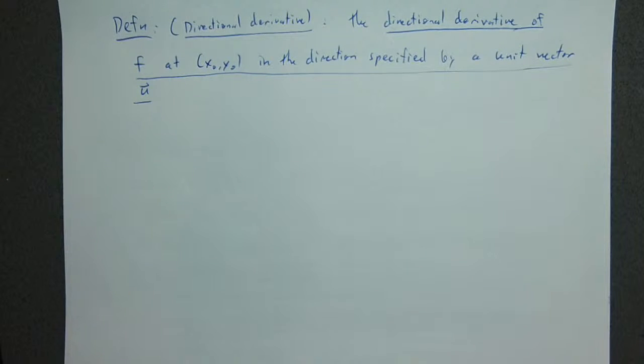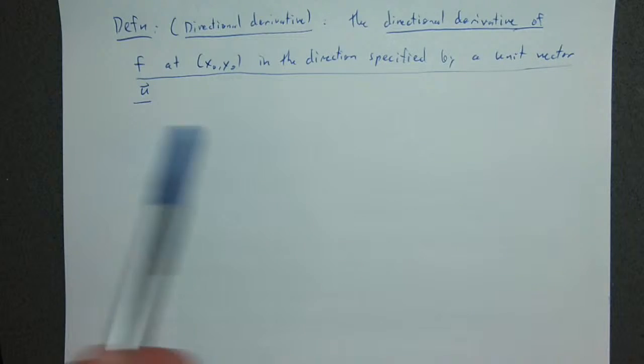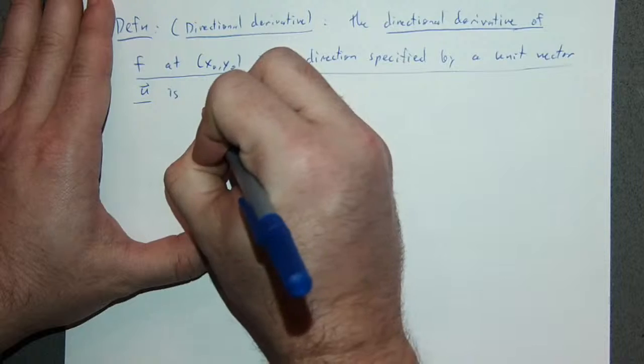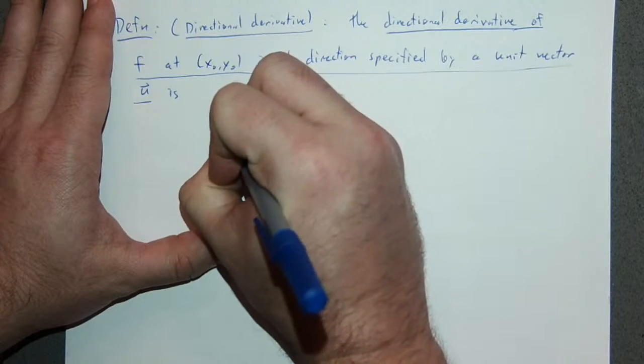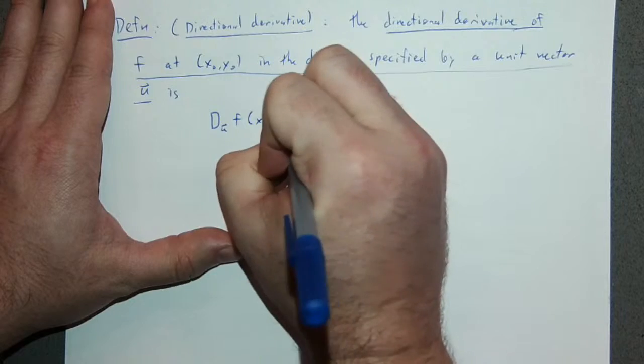Now, technically I have to make some assumptions here. We only talk about this when f is a function that has its first order partials, and these are nice. But assuming that that's the case, the directional derivative of f at x naught, y naught in the direction specified by unit vector u is written as D sub u of f at x naught, y naught.